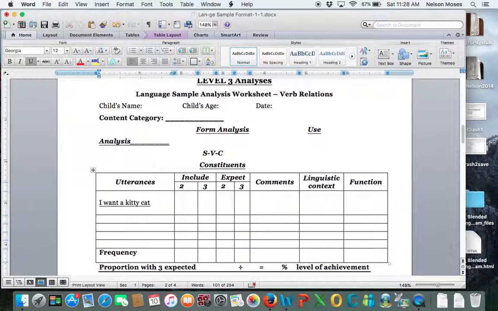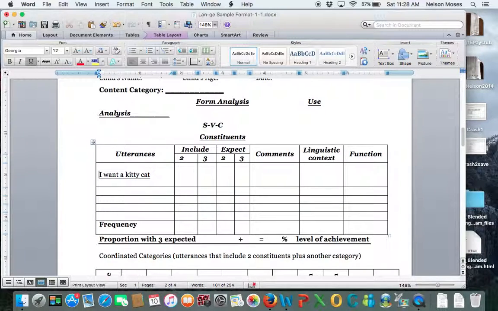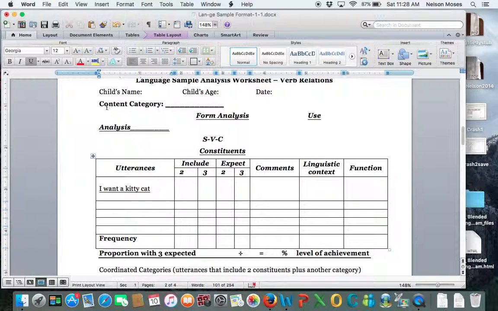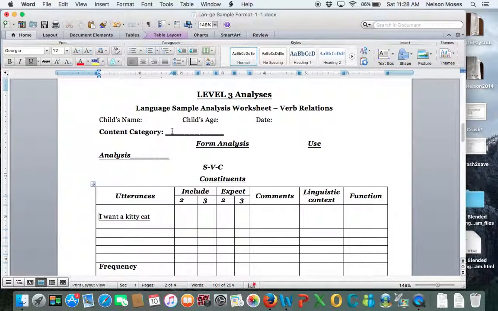Now, this level 3 analysis format, to me, is the most complex and challenging in the entire Lahey content-form-use analysis format. And what makes it challenging first is notice that the words content category are up here on the top of the analysis sheet.